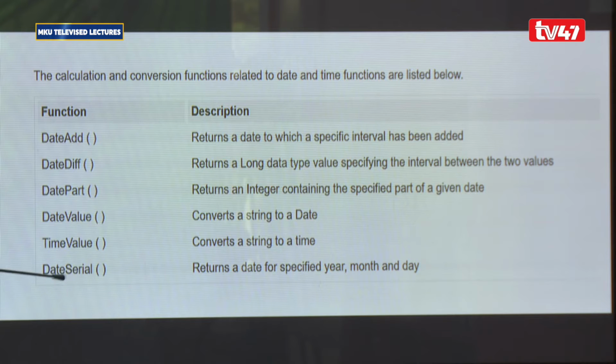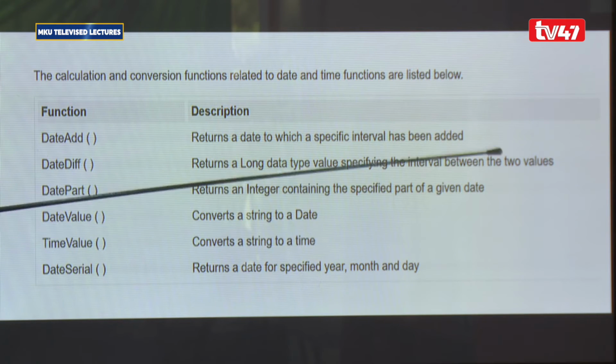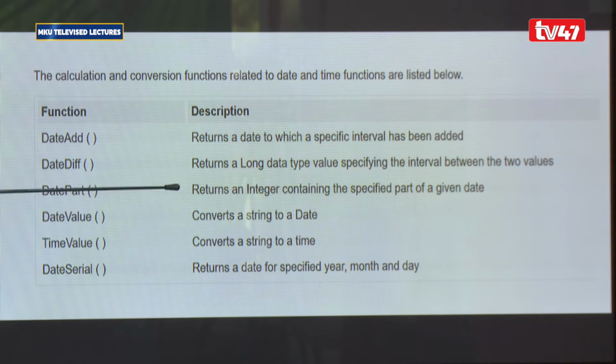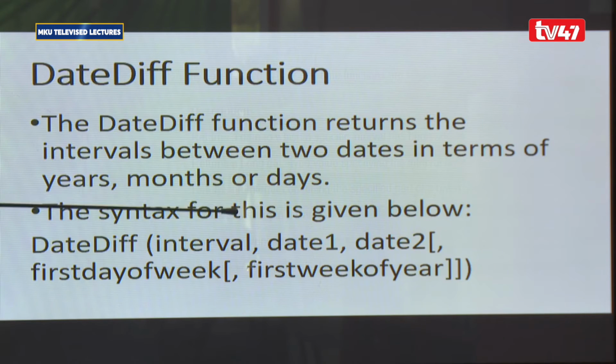And then you have the date serial function that returns a date for a specified year, month, and date. So later in our next lesson, we'll be using some of those functions. Remember, as projects, as work, even assignments, you are given information, and then you're supposed to use some of those functions to display the information.